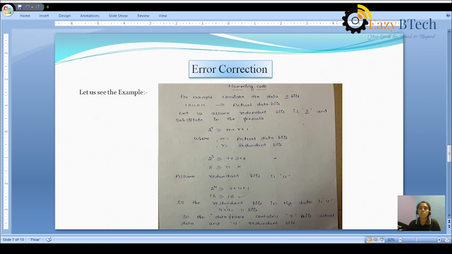We also saw the example of how to correct the errors, forward error correction. We are using some error coding techniques to correct the errors. We have to identify the position of the error where it occurred. Okay, right? So these are about error correction techniques.